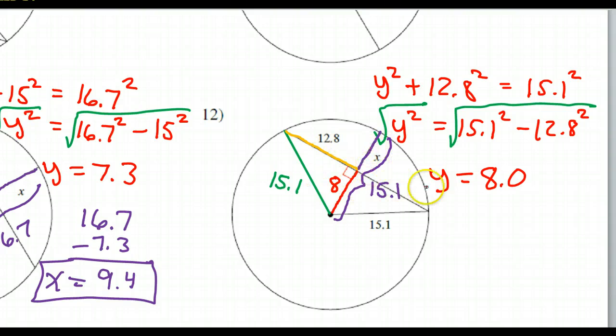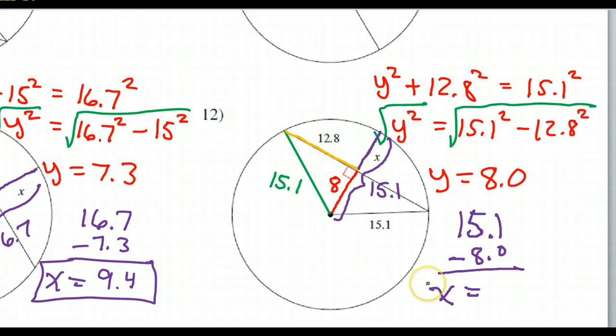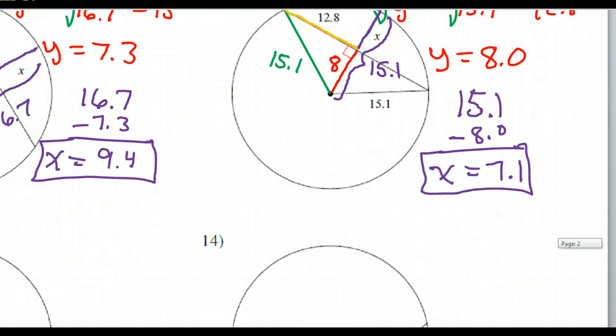So if I want to find x, I should be able to do 15.1 minus 8. Let me switch to purple anyway. All right, so 15.1 minus 8. That should give me the x value. Okay, so that's going to be 7.1. All right, that is how you do number 12.